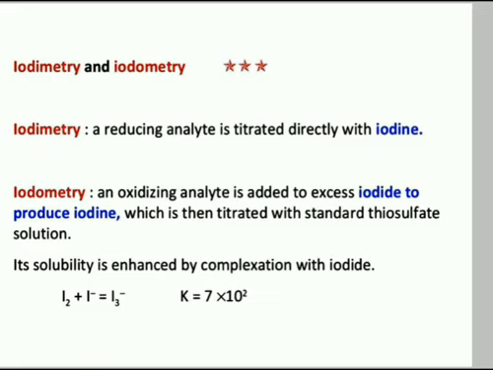If an oxidizing analyte is added to excess iodide to produce iodine, which is then titrated with a standard thiosulfate solution, it is called iodometry. Its solubility is enhanced by complexation with iodide. So we know what is iodimetry and iodometry. Iodimetry means directly titrating against iodine.